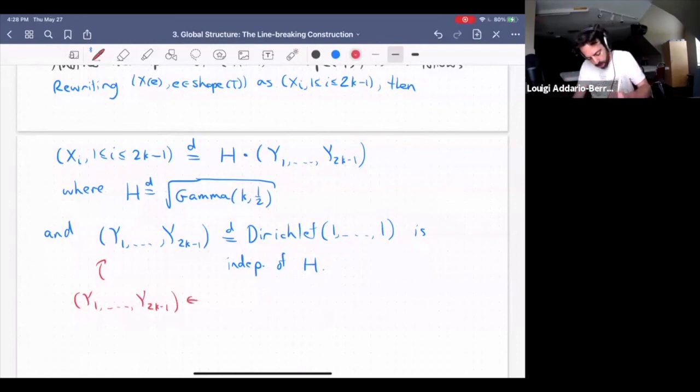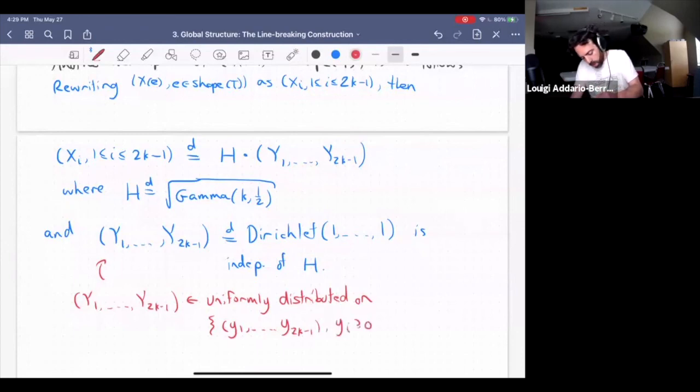So this is uniformly distributed on partitions of mass y_1 up to y_{2k-1}. So all of the y_i should be non-negative, and the sum of the y_i should be equal to 1.